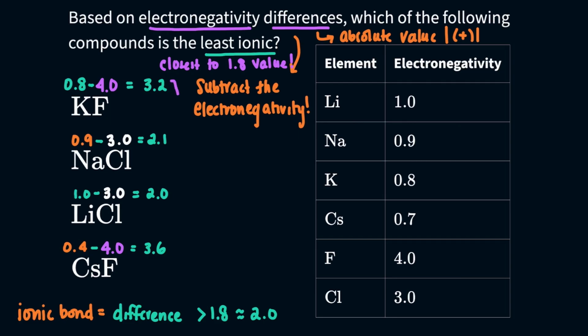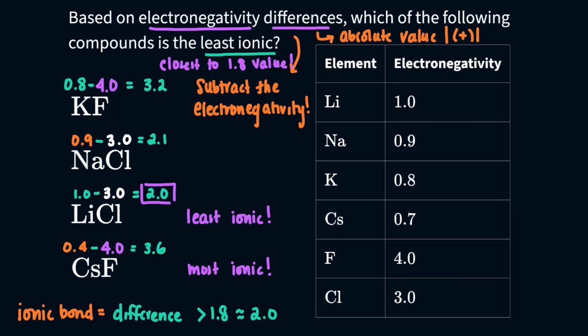So, whichever one of these is the closest to 1.8. Which one do you think? Yeah, it's definitely the 2.0. It's only 0.2 away from 1.8, so this one would be the least ionic. The most ionic would be the farthest one away, just to put it into context.